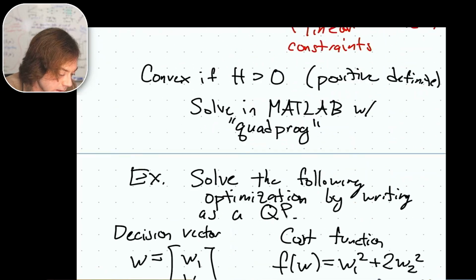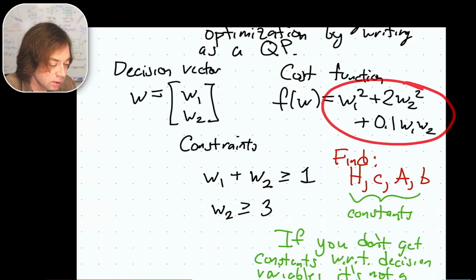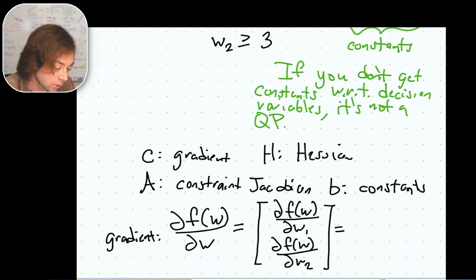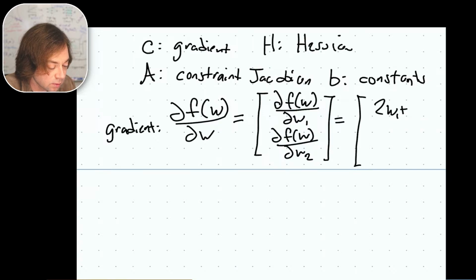Okay. And our cost function, where is it? Okay. So here's our cost function. The partial derivative of that cost function with respect to w1 is going to be, there's a w1 squared there, so it's going to be 2 times w1 plus 0.1 times w2. Two times w1 plus 0.1 times w2.